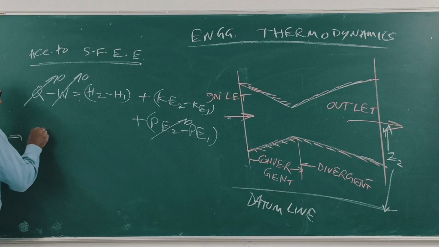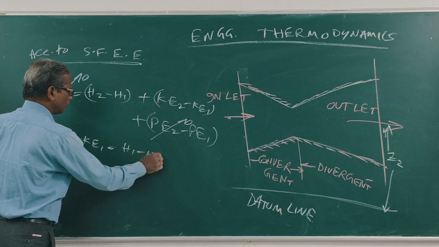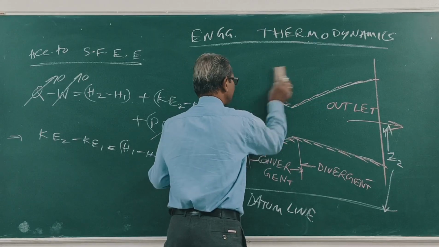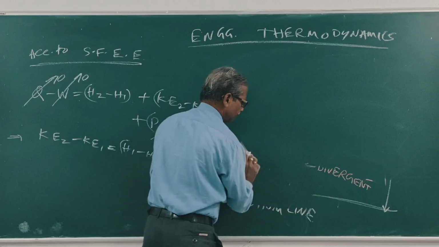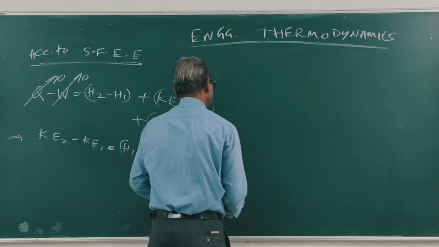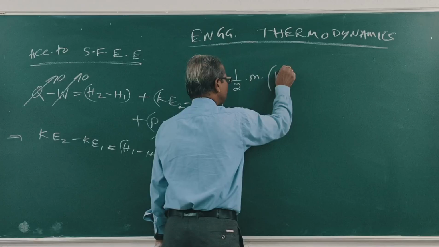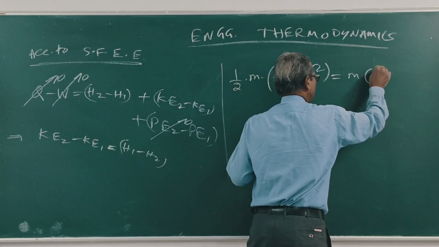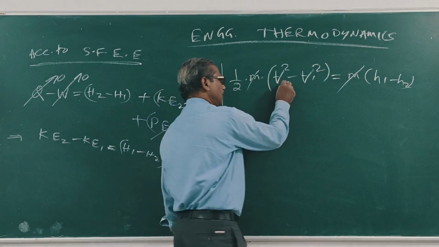This implies K2 minus K1 is equal to H1 minus H2. Clear? This implies half m into V2 square minus V1 square is equal to m into H1 minus H2. Clear?